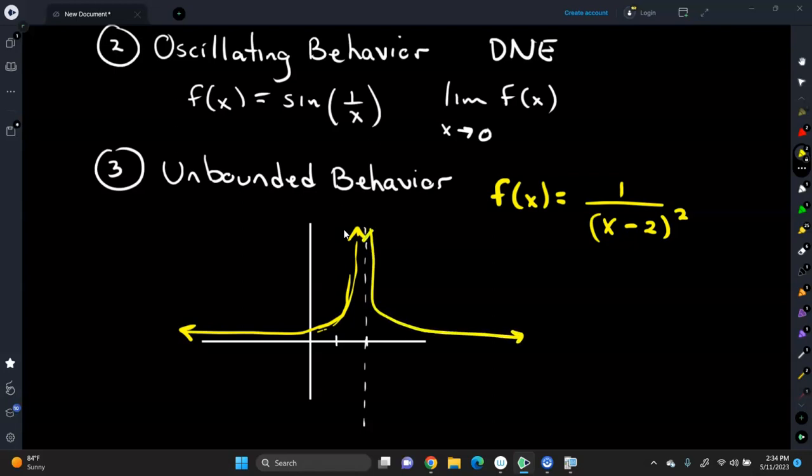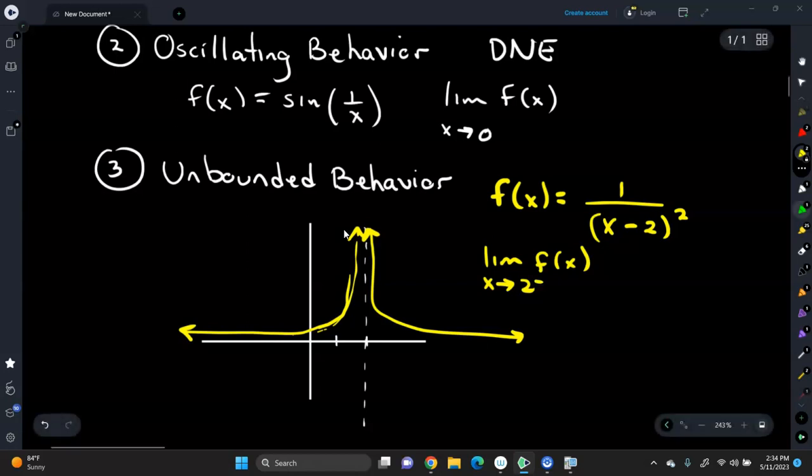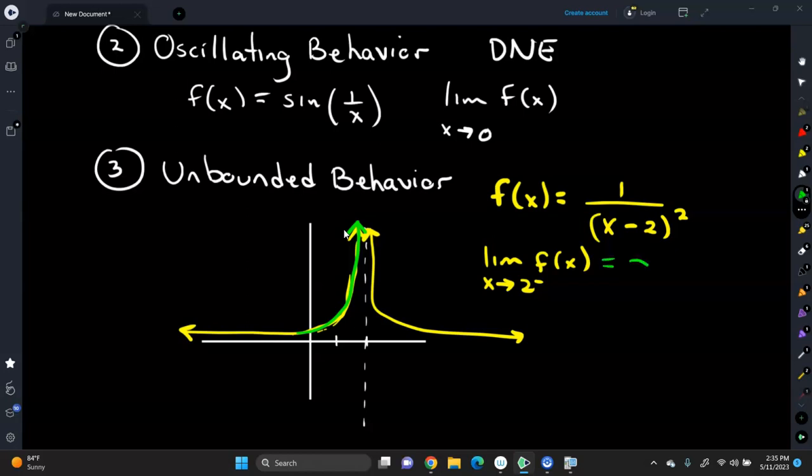Okay, so when we look at the limit as x approaches 2 of that function, as we approach 2 from the left, so we're going from this direction, what's y doing? Y is actually approaching infinity.